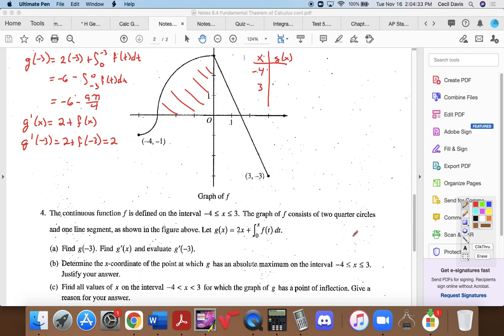We need to see if there are any other candidates for this. Well, I know that g prime is 2 plus f of x. If 2 plus f of x has to be equal to 0, that implies that f of x has to be what? Negative 2. Somewhere down here.